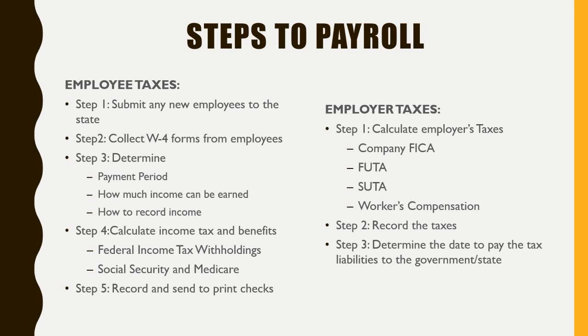On the other hand, once you've completed the employee taxes, now you need to incur employer taxes, right? Which includes calculating any company FICA. So again, I'm pretty sure 95% of companies must pay for whatever portion they take from their employees.